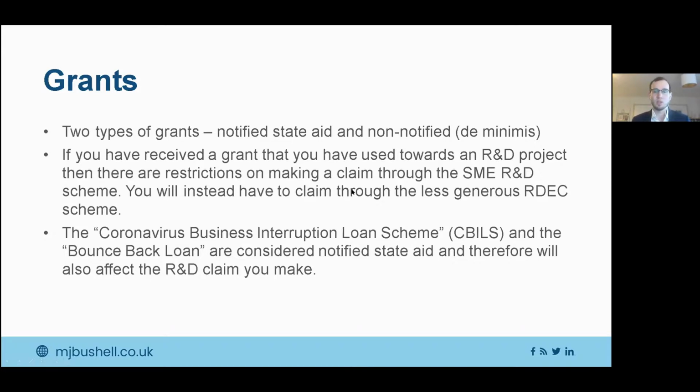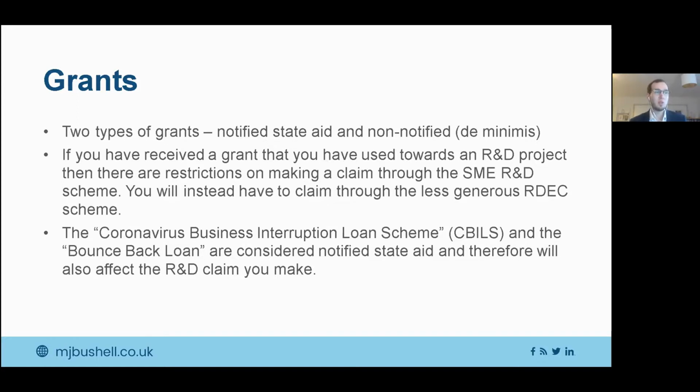If you've received a grant towards your R&D project, then it affects whether or not you can make a claim through the SME scheme. So in most cases, if you've received any sort of grant that you've used to spend out on any R&D project, then it pushes you into having to make a claim through the RDEC scheme, which is the less beneficial R&D scheme.